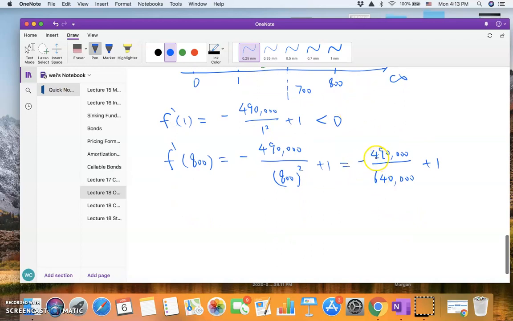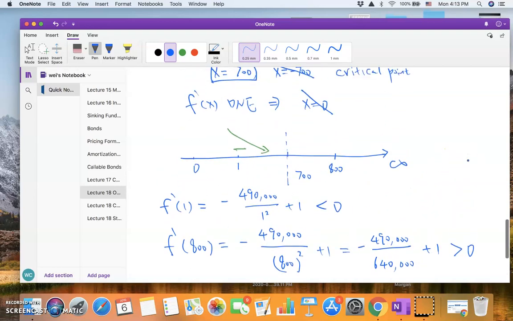Because negative 490,000 over 640,000 has a magnitude less than 1, when it is added to 1, the result is positive. If it's positive, the function is increasing.